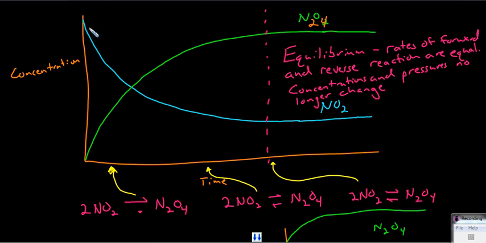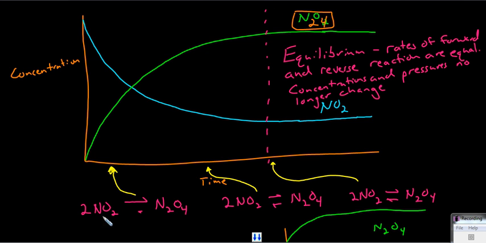And you can see that as it decreases in concentration, the slope of this line, and hence the rate of the reaction, will be decreasing. So the rate in the forward direction, left to right, becomes less and less significant over time. But it's not only because of the decreasing concentration of nitrogen dioxide, but also because of the increasingly present dinitrogen tetroxide.